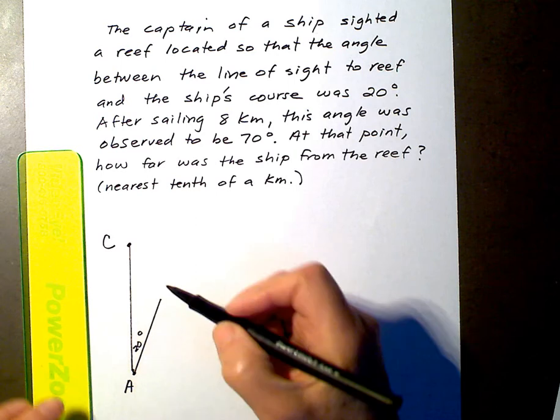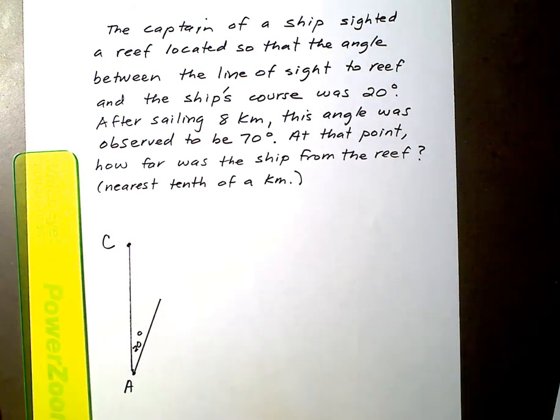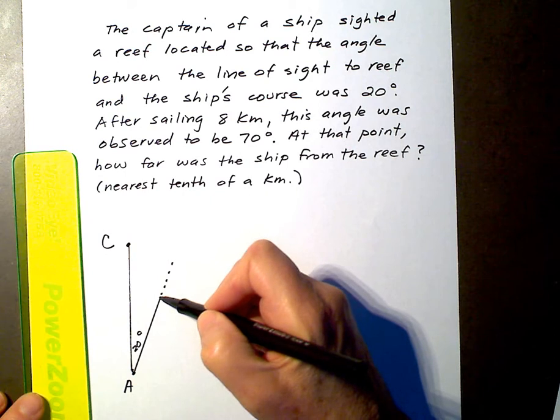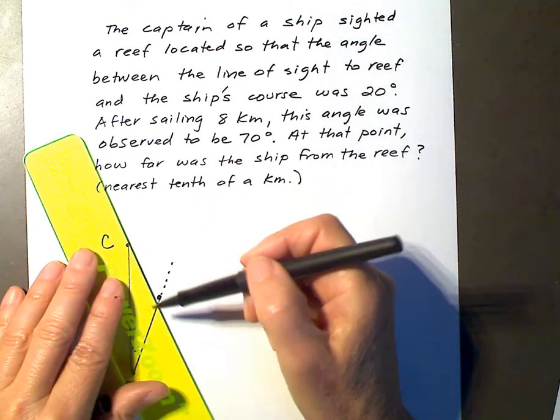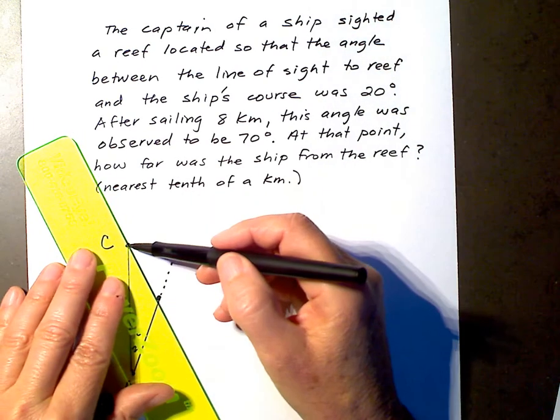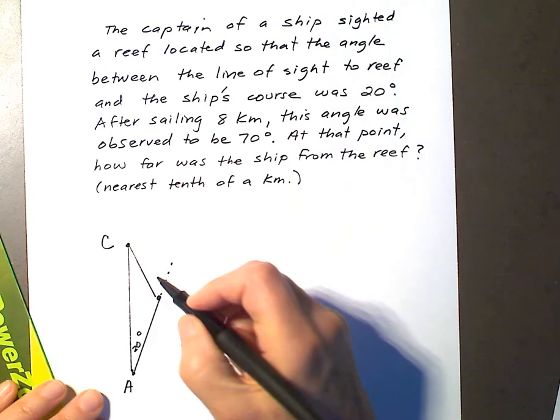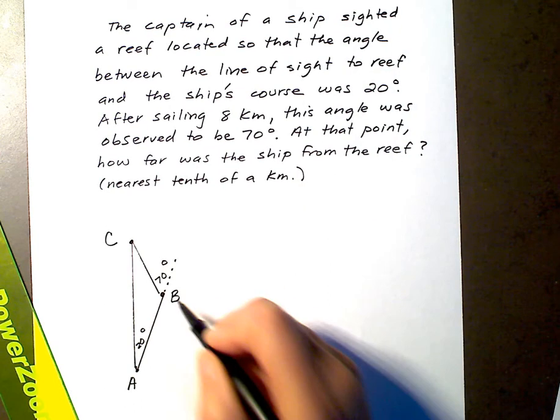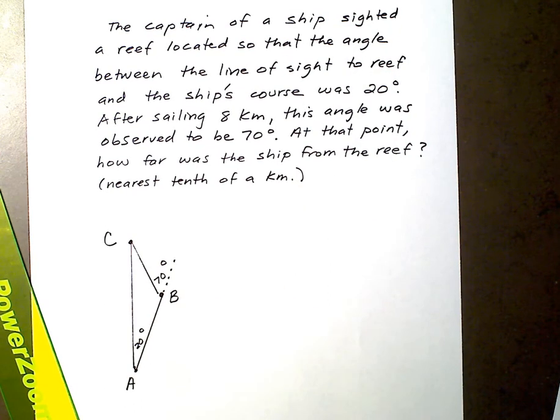And his ship is going to go a certain distance, and after a certain distance, that angle, now looking back over to the reef, is going to be a 70-degree angle. So I'll call this point B when he looks again and marks the angle to the reef.